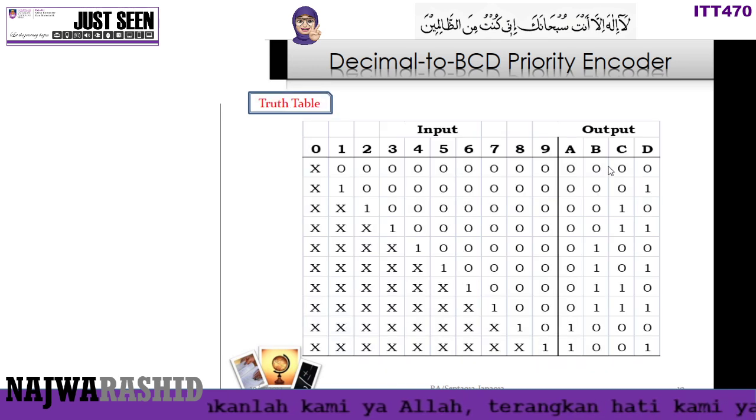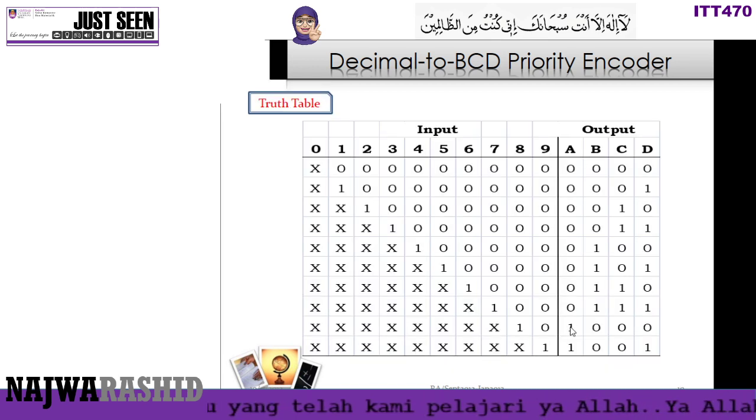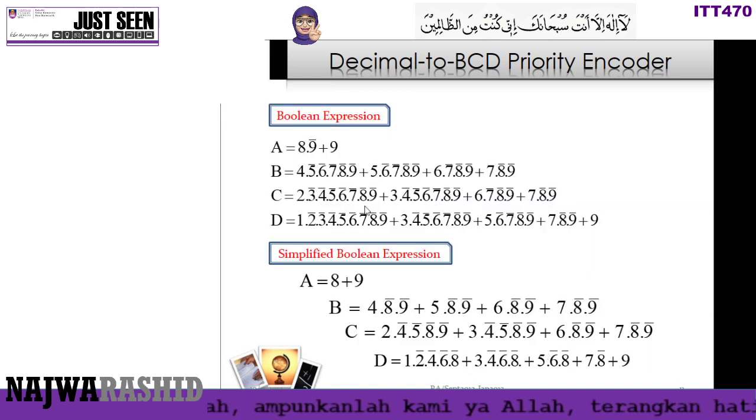For A, at this point we have 8, and here we have 0, so 8 times 9 not plus 9. How we get 8 times 9 not plus 9 is referred to this table. A1 comes from 8 times 9 not plus 9.